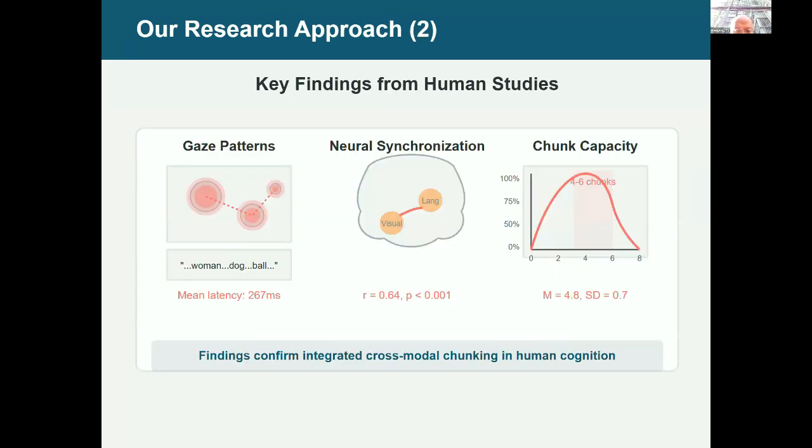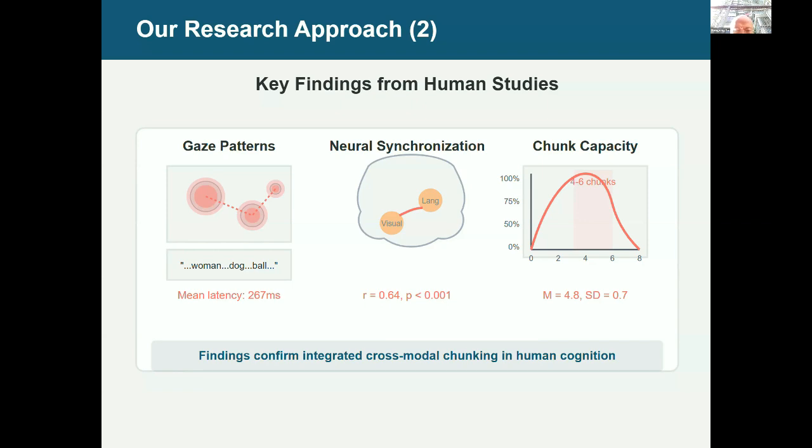Here are some key findings from our human studies. The heat map shows how people quickly shift attention between related elements across modalities. One test mentioned specific objects.